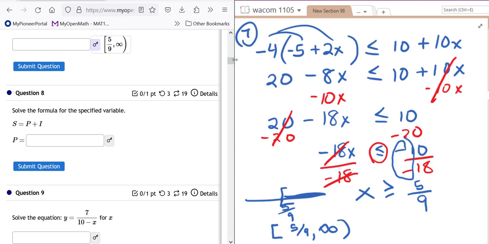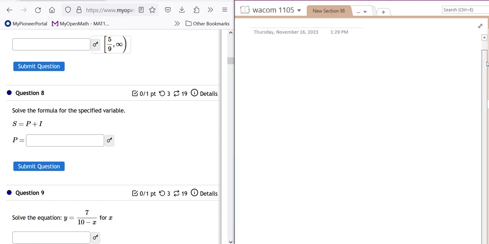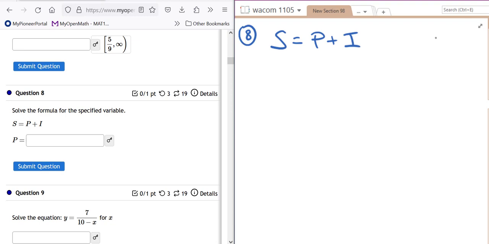All right. Next we'll do some formula problems. And these are where you solve for whichever variable they say. And this one, they put the p, so they're telling us solve for p. All right, so you go on the side of the one you want.